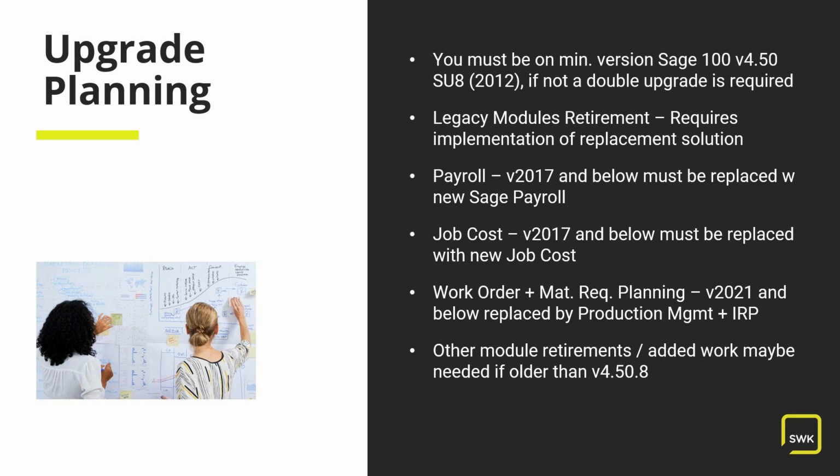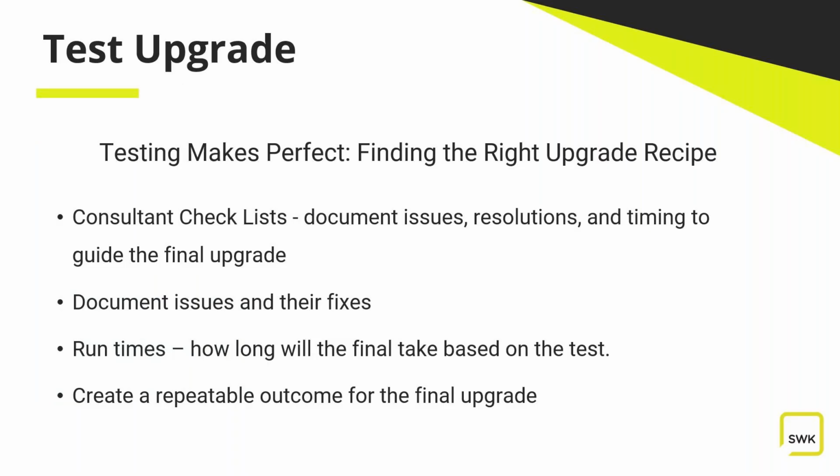All right, so once we have done your planning and you've approved your project, we will move into the test upgrade phase. The whole point of the test upgrade is to find the recipe to make your final upgrade go as smooth as possible. So we will use extensive checklists. We will document exactly what we did, in what order we did it, what we didn't need to do.